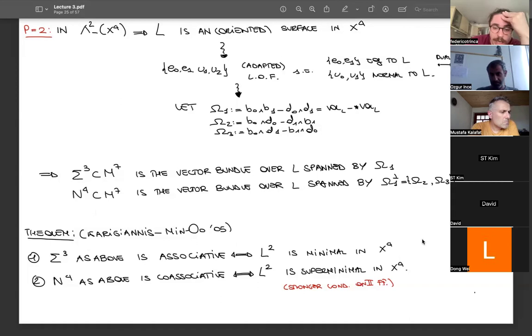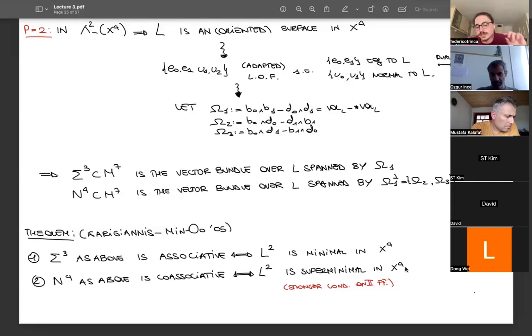So if you pick your favorite minimal surface in X4, then you can construct an associative in lambda2 minus by this construction here. And similarly, if you consider N4 as above, that is co-associative if and only if the surface that you considered is superminimal in X4.